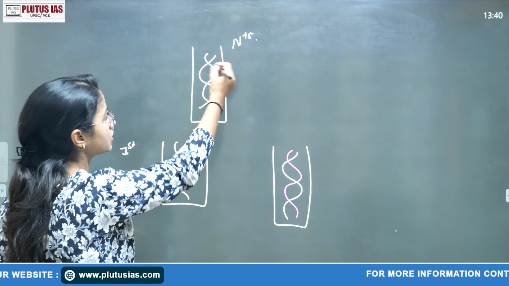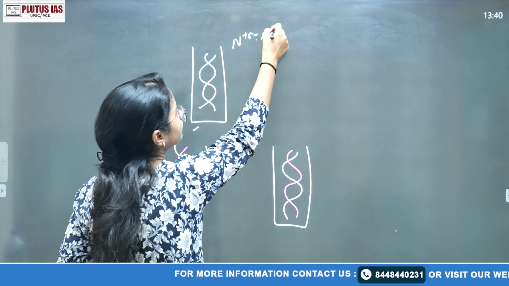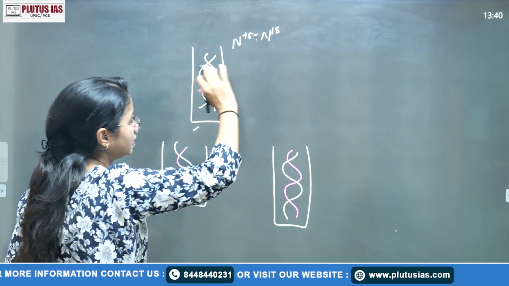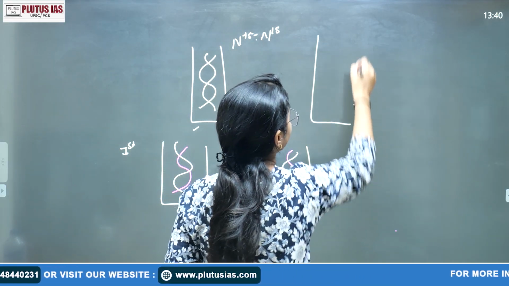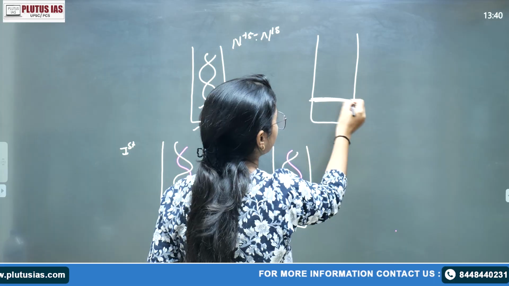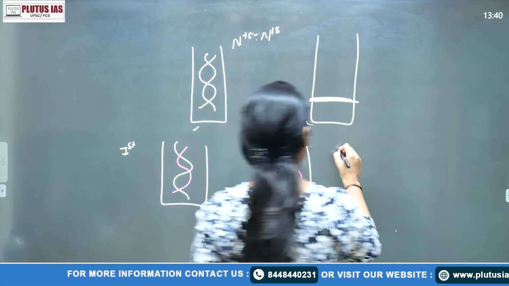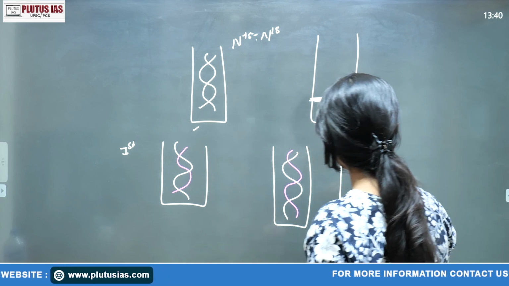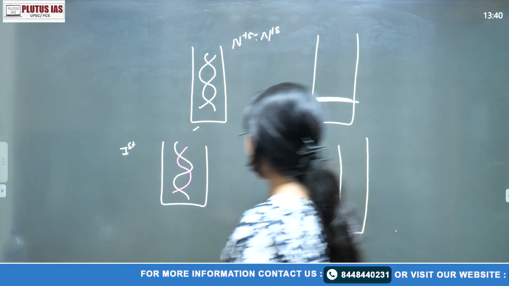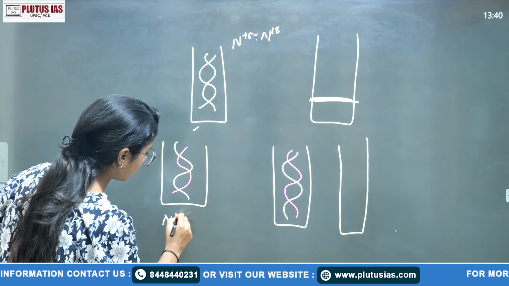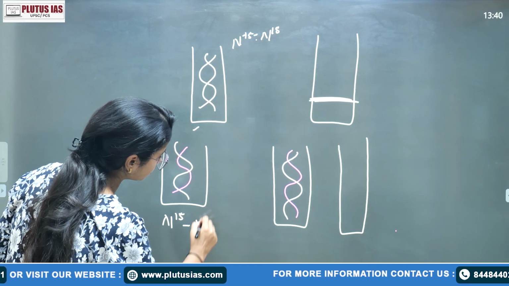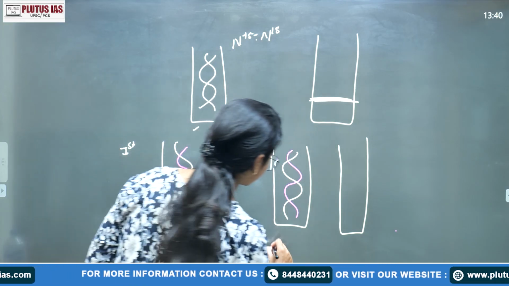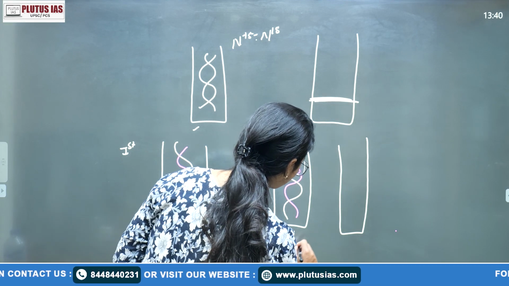Suppose I tag nitrogen 15 in this parental DNA. Nitrogen 15 is heavy, so in the test tube it will come here. But in that stage, in the centrifugation, you see there is a hybrid copy, which is nitrogen 15 and nitrogen 14, as originally it is nitrogen 14, right?